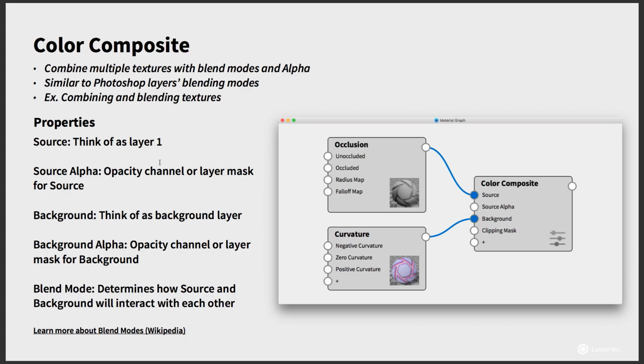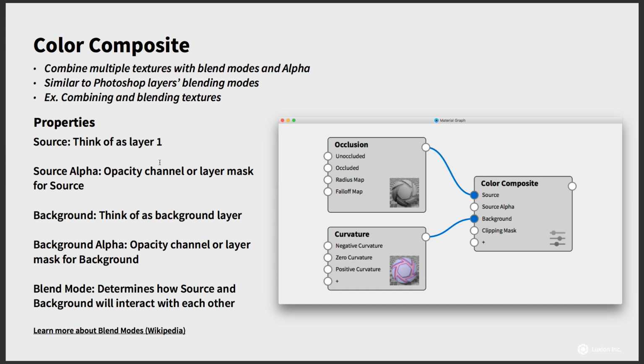The next one we have here is color composite. So similar to us using the bump add node to combine bump textures, in this case we can combine multiple textures of any kind. In this case, we get the added benefit of blending and alpha masks if we want to do that. So like in Photoshop, when you have your layer 1 and then you have a background layer behind it, you can control how those two items, one on each layer, behave with one another just by toggling your blending modes.